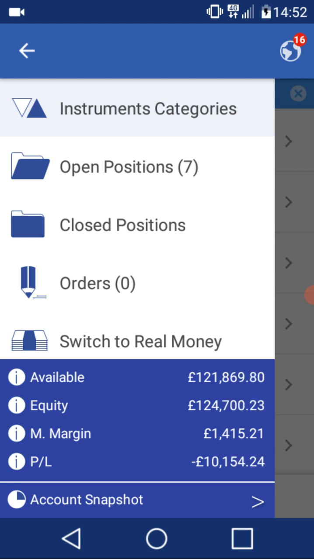Orders waiting is basically when, let's just say you're in the UK and you want to buy some stock in the States, and it's not open yet. You can put an order in for that, and when the market opens, it would then add the order. But I just tend to wait till the stock market opens.